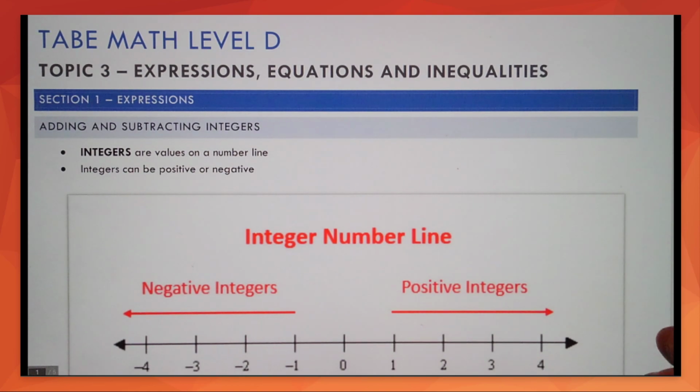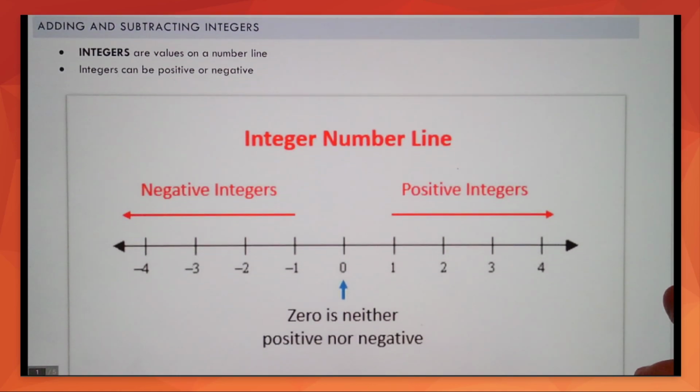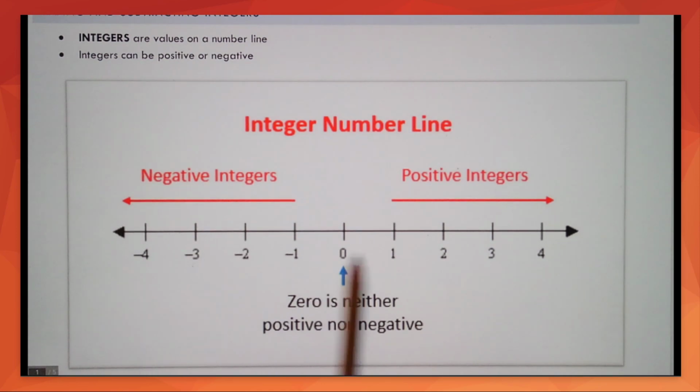And there's a little graphic here that we can use to sort of just refresh ourselves on this. Here is a number line, and you have negative whole numbers, you have 0 in the middle, and you have positive whole numbers that go this direction. Negative goes the other direction.